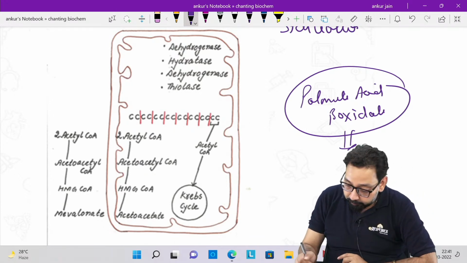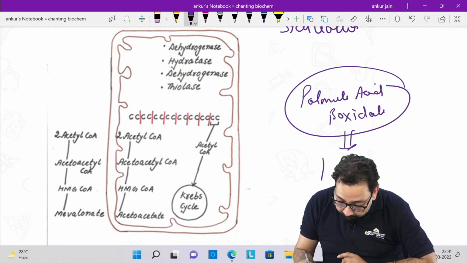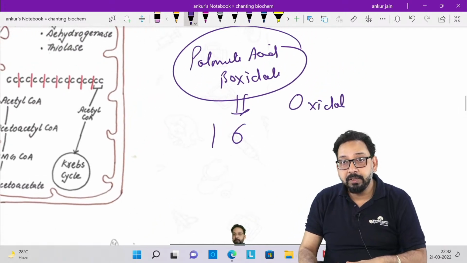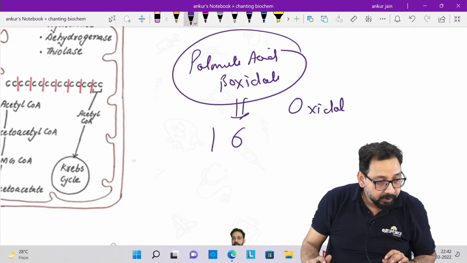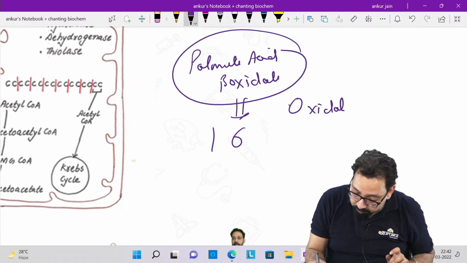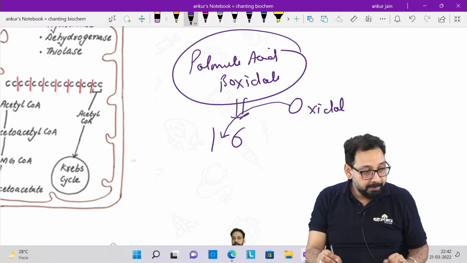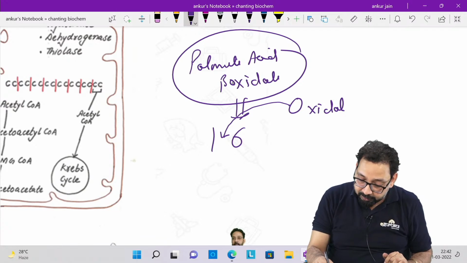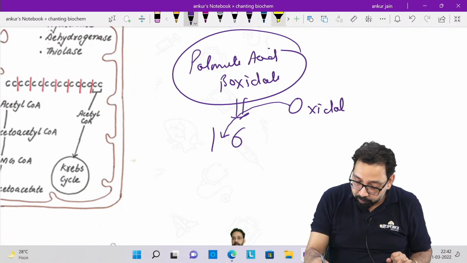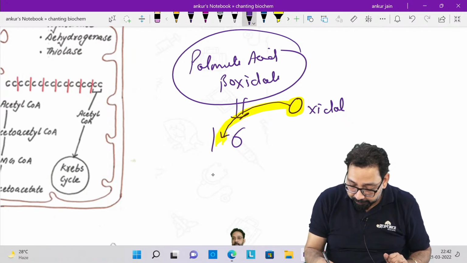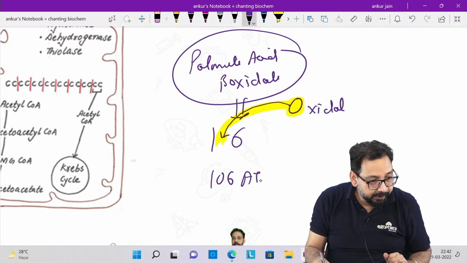Yes, 16 carbon oxidation, you just put O of oxidation here. Palmitic acid 16 carbon oxidation, put this oxidation O here and you will find 106 ATP.